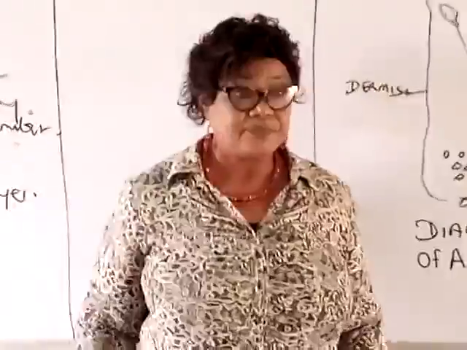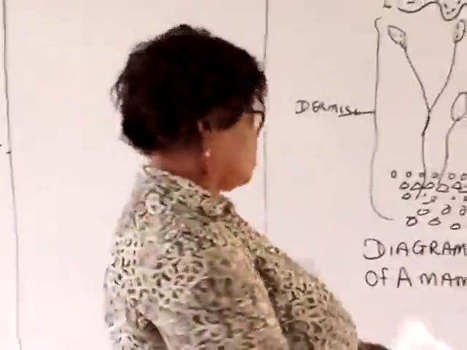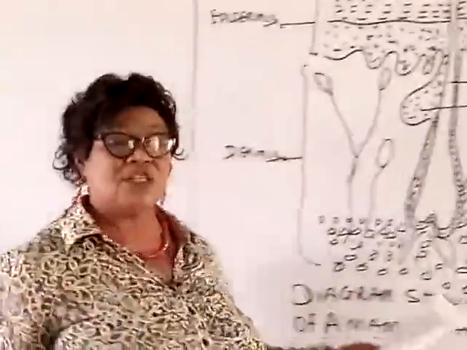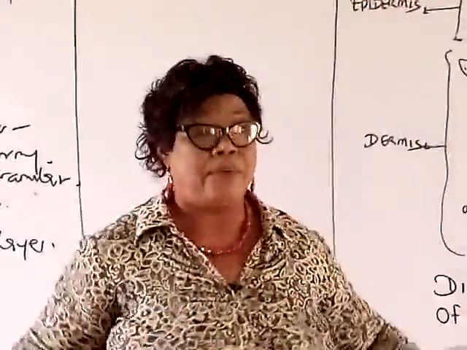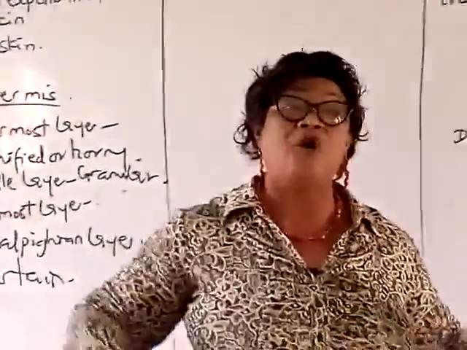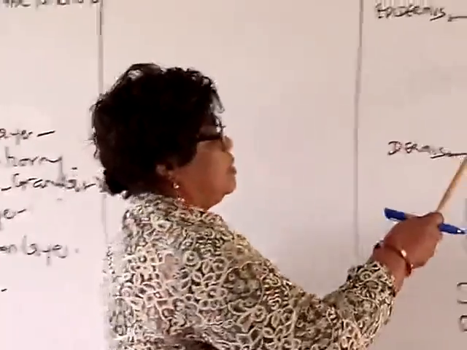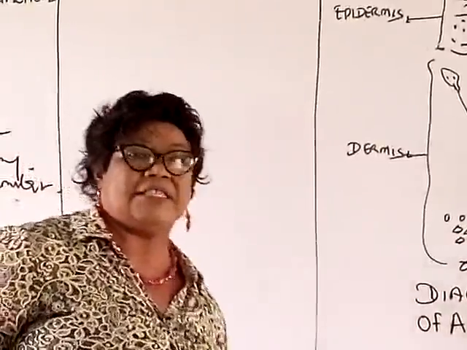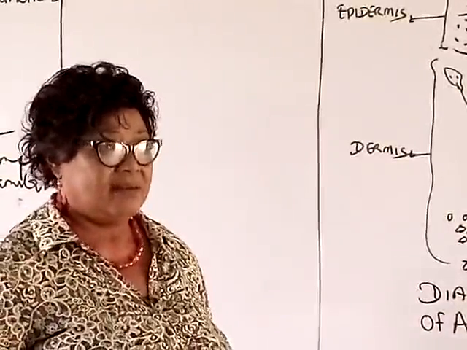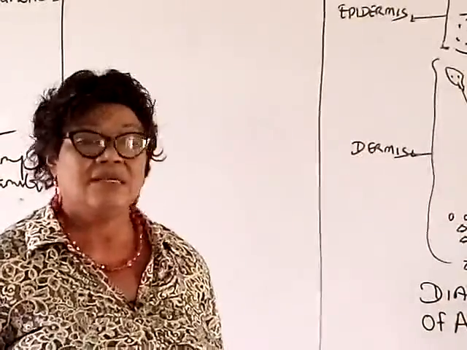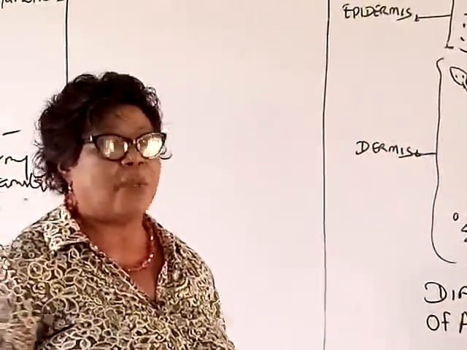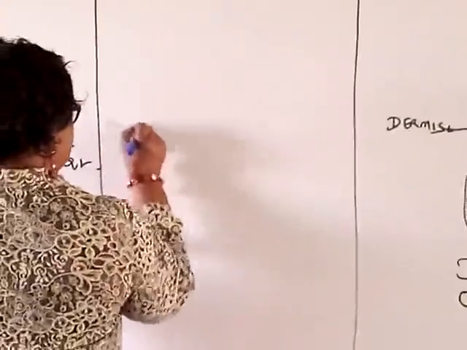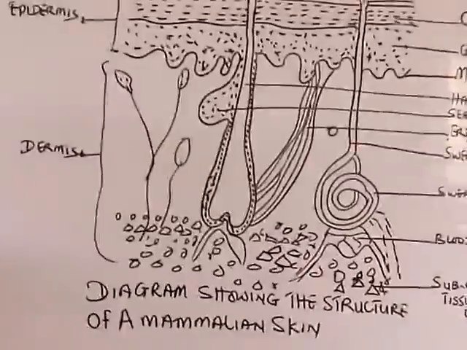Am I communicating? Now that leads us to another part of the dermis, and that is the sebaceous gland. Now this sebaceous gland also came up as a result of infolding of the Malpighian layer, and they secrete an oil that helps the skin to be supple, and that is what we call sebum.